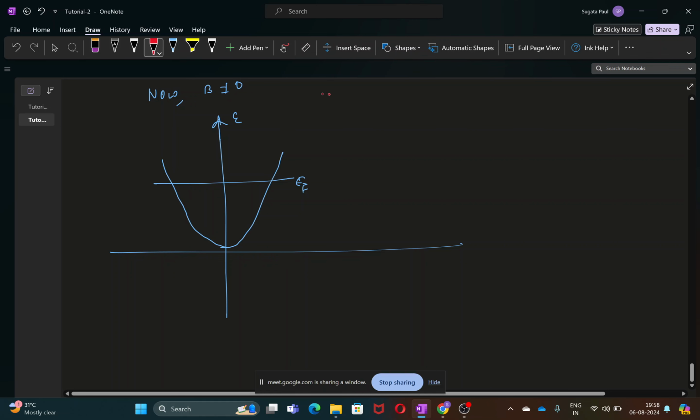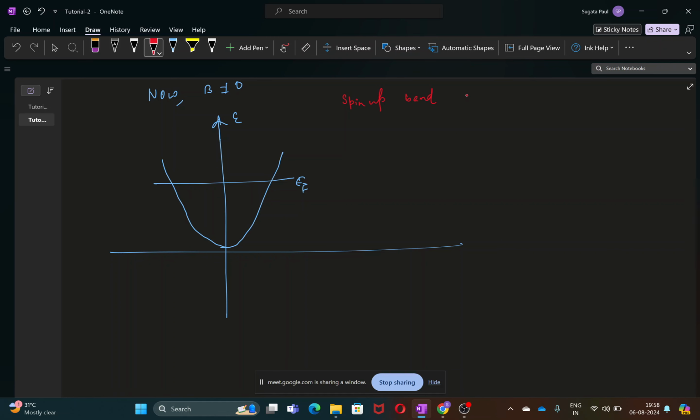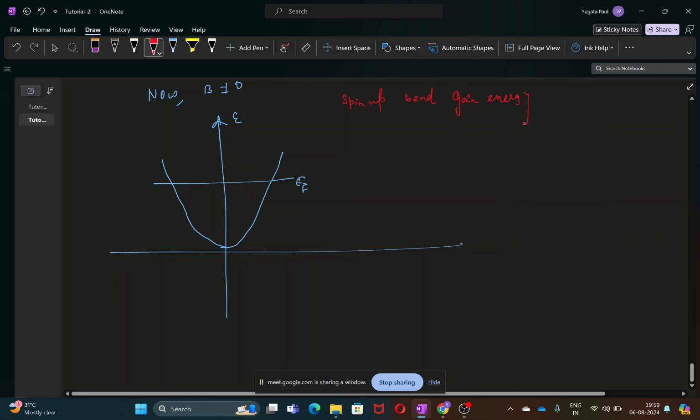Now when the field is applied, the spin up band gains additional energy, a positive energy shift because of the field. The spin up band gains energy from the field of the amount of plus mu B B, where mu B is the Bohr magneton.